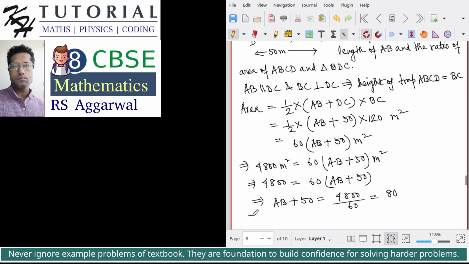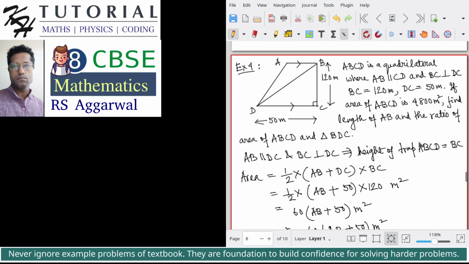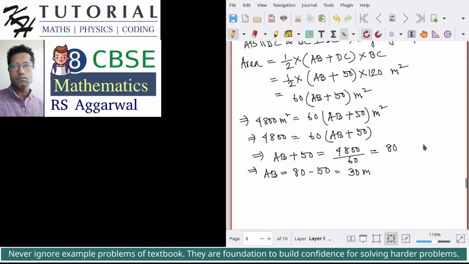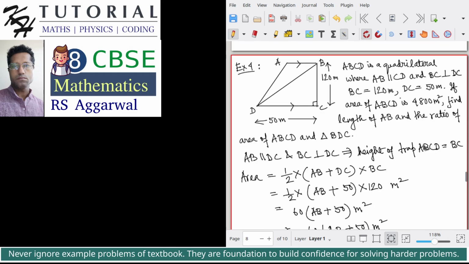So this implies AB is equal to 80 minus 50, so 30 meter. AB is 30 meter. It is asking find the length of AB. So AB is 30 meter, and it is also asking the ratio of the area of ABCD and BDC.